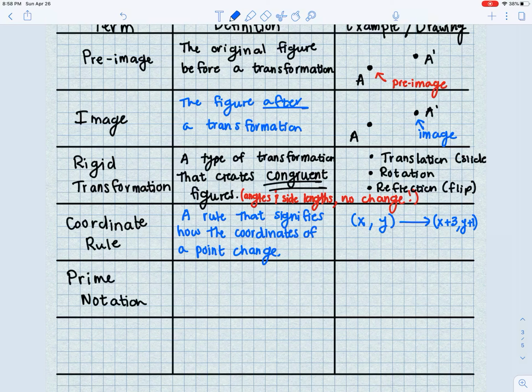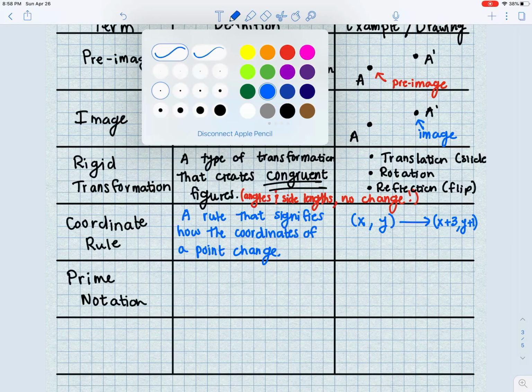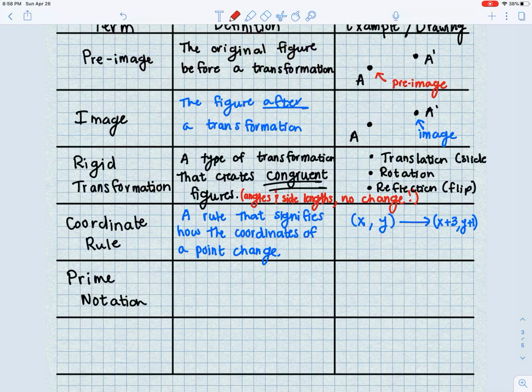And this is what we call a coordinate rule. Again, it's just showing what is happening to the original coordinates. So my preimage starts with x comma y. My image is now at negative x, negative y. So again, showing how the coordinates of a point change.